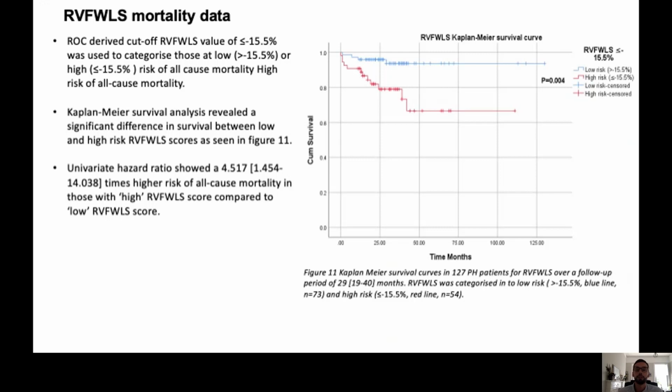Univariate hazard ratio showed an increased risk of all-cause mortality in those with high RV free-wall longitudinal strain scores compared to low scores. Univariate hazard ratio 4.517, 95% confidence intervals 1.454 to 14.038.